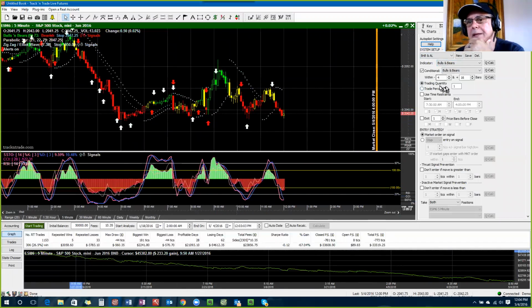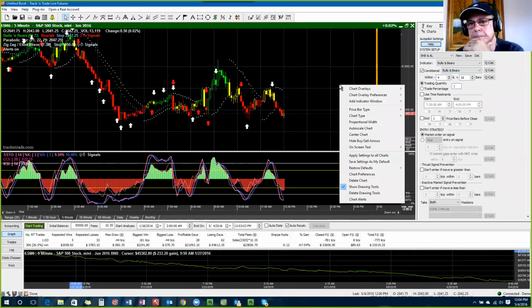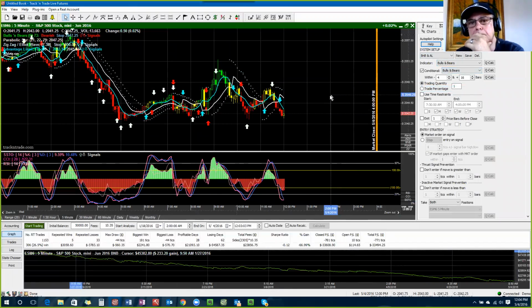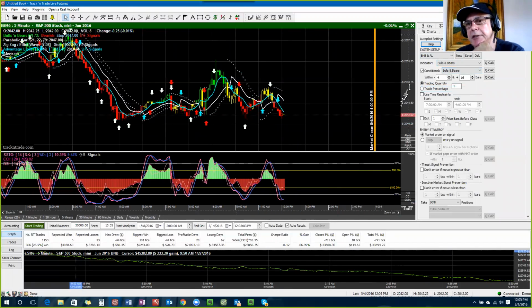And then if you have conditional turned on here, let me turn the advantage lines back on. Now then, here are your advantage lines, these two here. So what you're telling it, if you use the conditional, is that it's looking for a Bulls and Bears sell or buy signal.